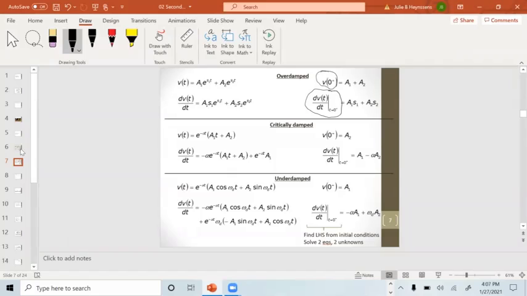That'll involve a little bit of circuit analysis, but once you know those, you know everything else in the equations except for A1 and A2. You have a system of 2 equations and 2 unknowns. The equations are different for overdamped, critically damped, and underdamped. That's the only part of this slide I ever use.